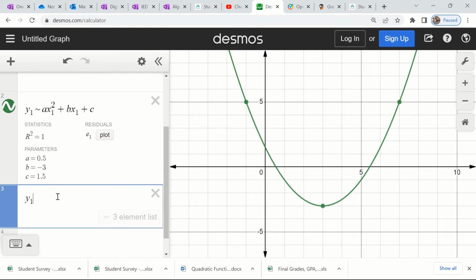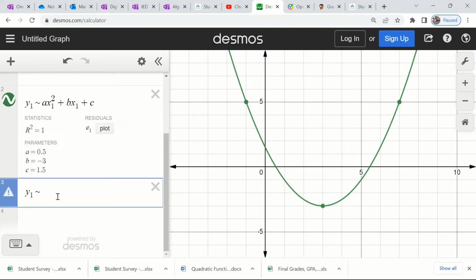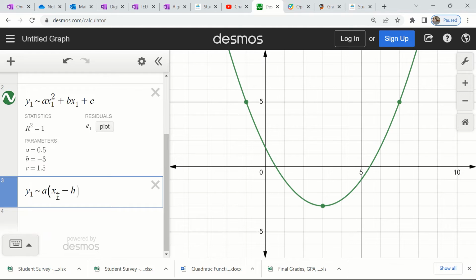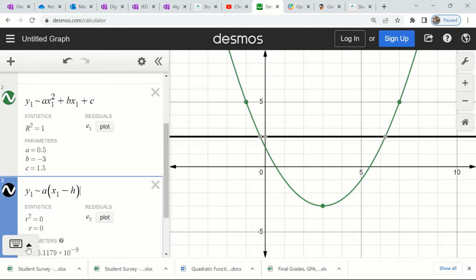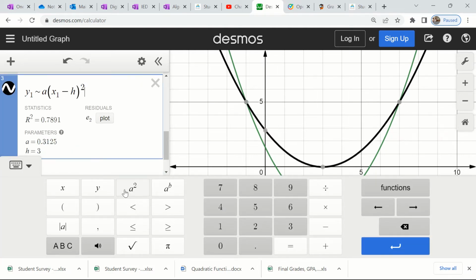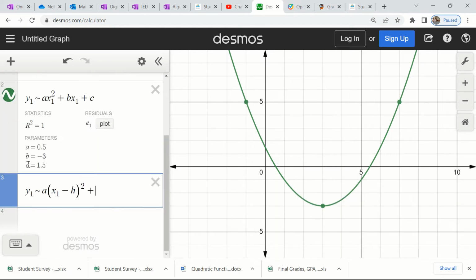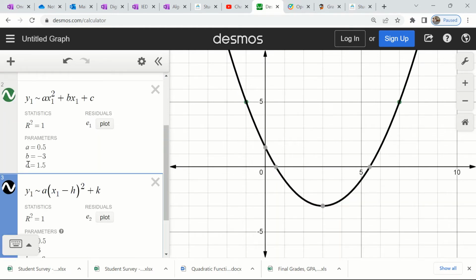Vertex form will use y1, then we use the tilde, a, and then vertex form, remember, is x minus h all squared plus k. So I will do not just x minus h, but x1 minus h. And then we need that squared, and then plus k. And it will tell us what the h and the k values are.